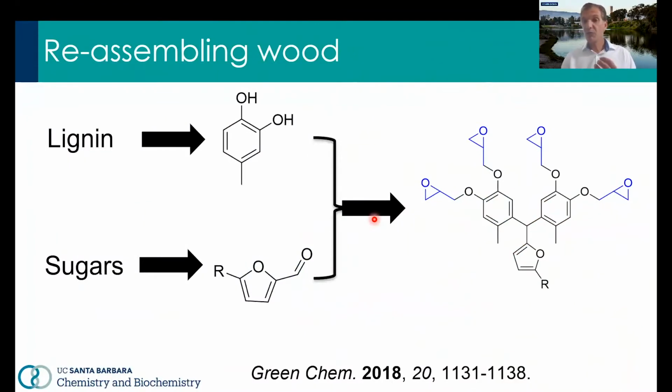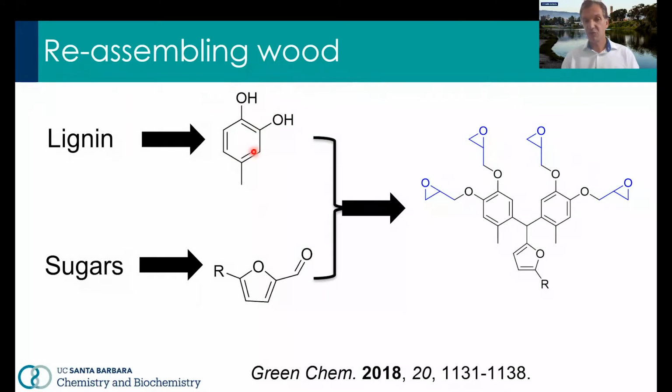You could get really more creative actually with this. So for example, I showed you we could make this catechol from lignin. We can make from the sugars furfural and hydroxymethylfurfural. So now the idea is we deconstruct wood and then we bring these two components back together, the furfural from the sugars and the rigid aromatic structure from lignin, and we could make a multi-epoxide like this system.